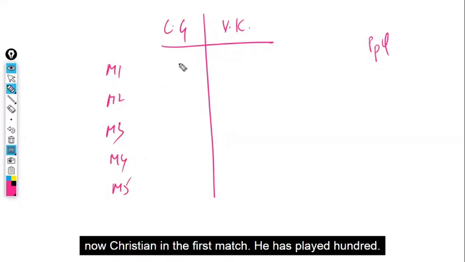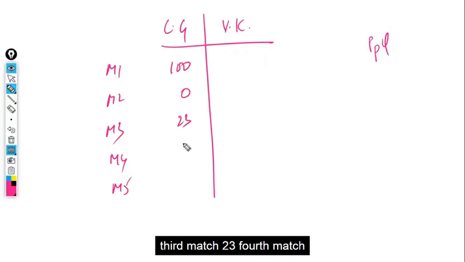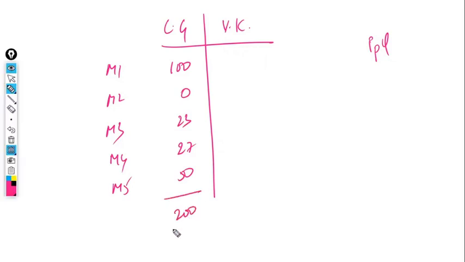Now, Chris Gayle, in the first match, he has played 100. Second match, duck out. Third match, 23. Fourth match, 27. Fifth match, 50. Total is 200.